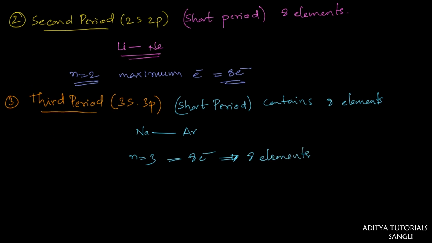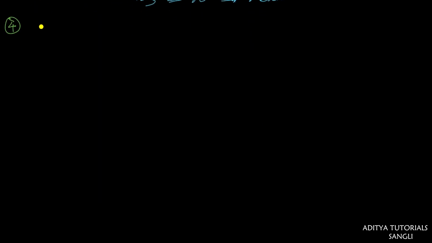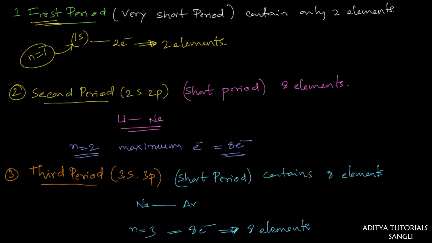Next we move to another point, that is the fourth period. The fourth period is very important because the electronic configuration we write here is 4s, 3d, and 4p. The total number of electrons we write is 2 plus 10 plus 6, that is 18 electrons. So in the fourth period, you can notice how many elements are there in the periodic table.